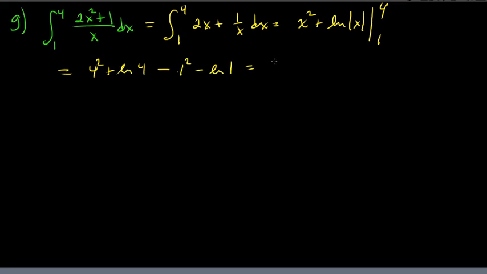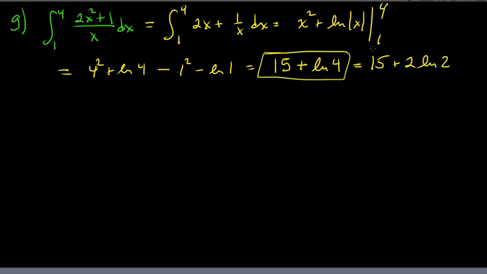Natural log of 1 is 0. So 16 minus 1 is 15 plus the natural log of 4. Or if you prefer, 15 plus 2 log 2. I think I wrote this in the answer key, which is fine. This is equivalent. You should know that.